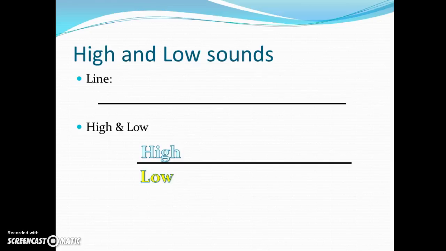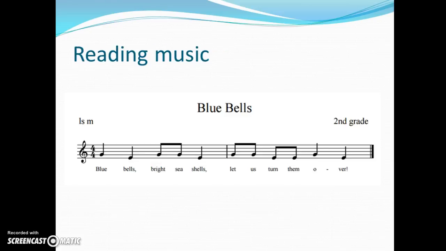Then in Unit 2, we labeled our high and low sounds as G and E. So we still have high as G, and low as E, and it looks like this. We have our line, G goes above the line for high sounds, and E goes below the line for low sounds.